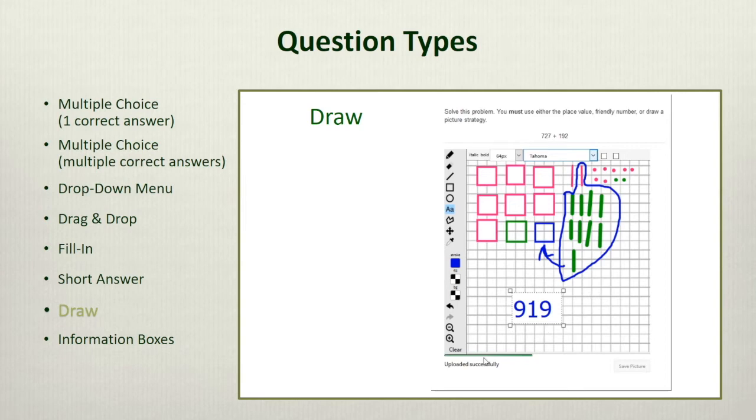If I click on this clear button here, it will erase the whole entire screen if I feel like I need to start over. Before I click on to the next question, I want to make sure that this message here says uploaded successfully. If it does not say that, I want to make sure I click on Save a Picture. It is not allowing me to click on Save Picture because the picture has already been uploaded.